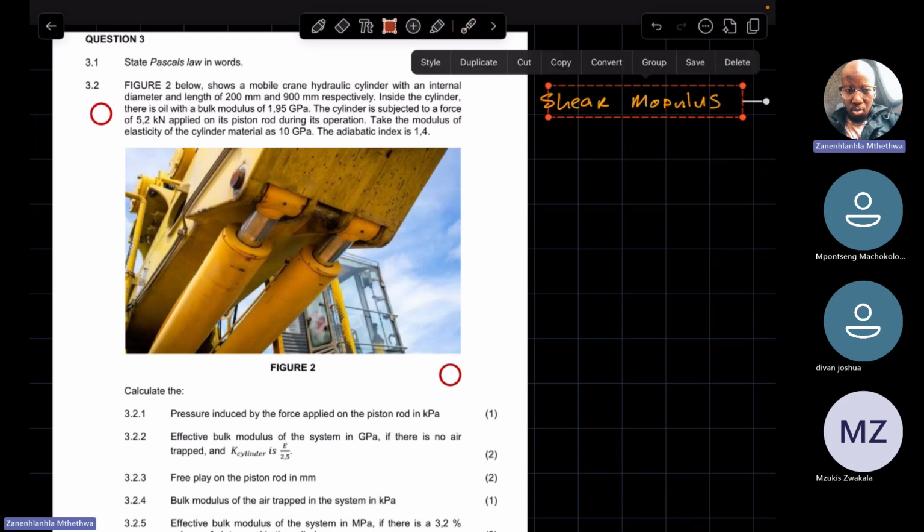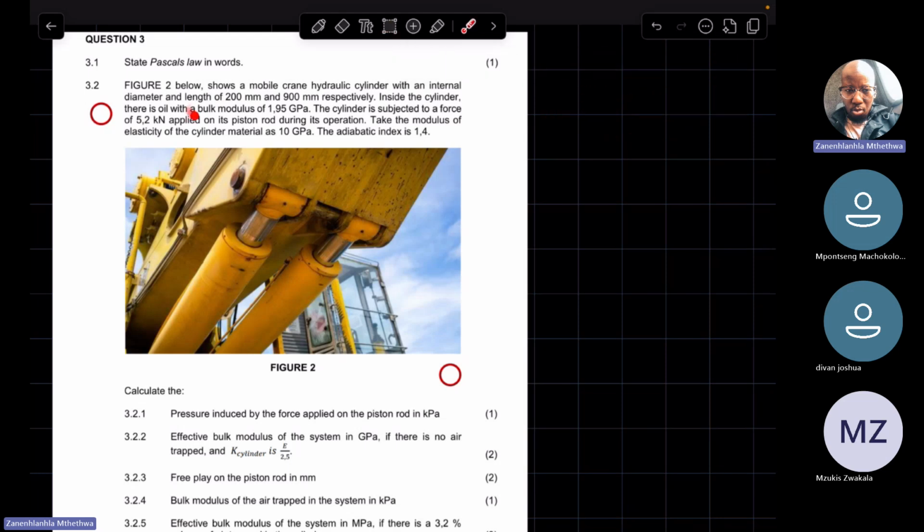Now, bulk modulus is a mechanical property of a material that resists compressibility.